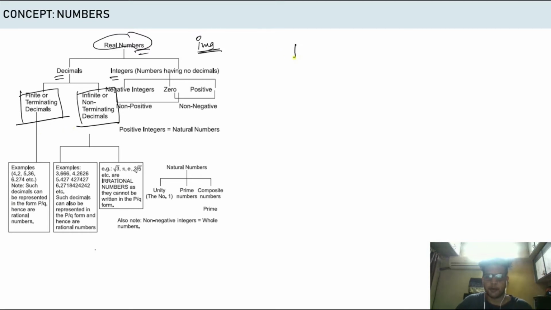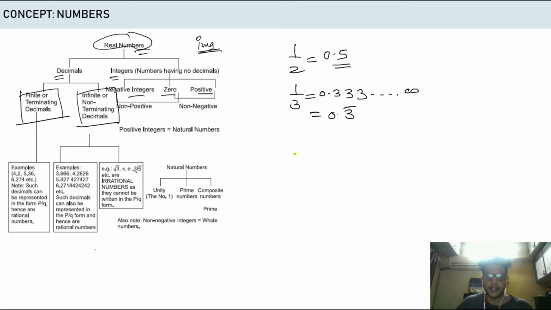Let's take an example of half. Half is 0.5, which is a terminating decimal. But if we consider 1 upon 3, it is a non-terminating decimal, which can also be represented as 0.3 dash. Talking about integers, they are basically of three types: negative integers, 0, and positive integers.